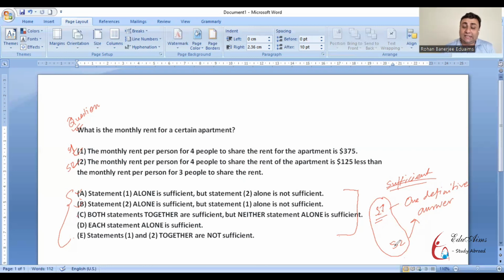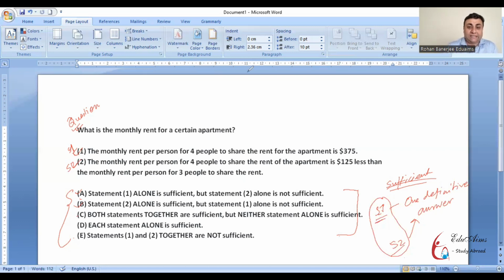If statement 1 and statement 2, together or alone, cannot take you to a single definitive answer, then neither statement 1 nor statement 2, nor together, are sufficient. So how would you ascertain the sufficiency of a statement? Whether that particular statement can take you to one definitive answer is going to lead you to that particular choice.